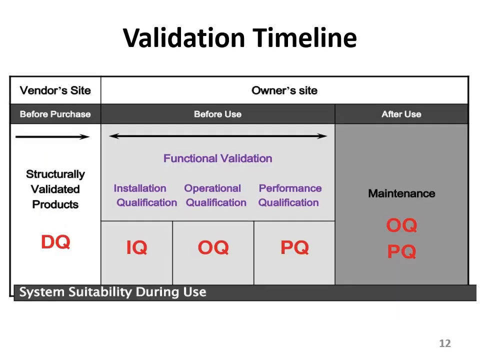Now, validation timeline. Vendor side, before purchase: structurally validated product. Whatever they are providing you should be structurally validated, DQ, design qualification. Then owner side, now you have got the machine, before use.